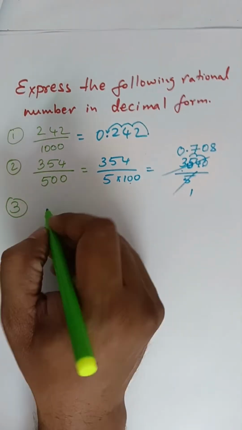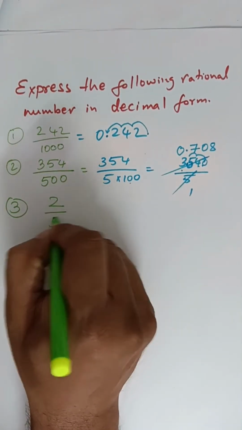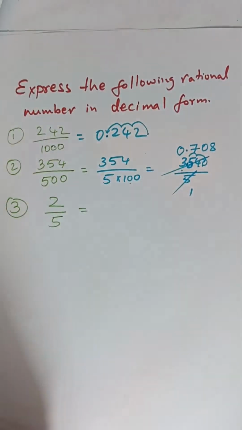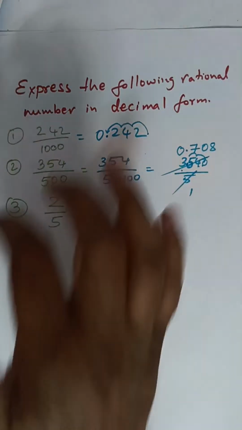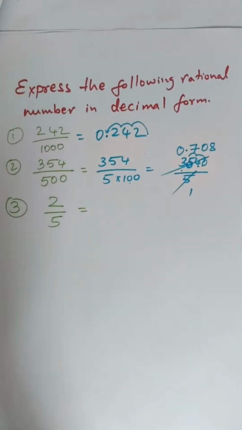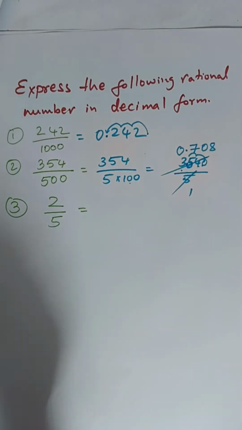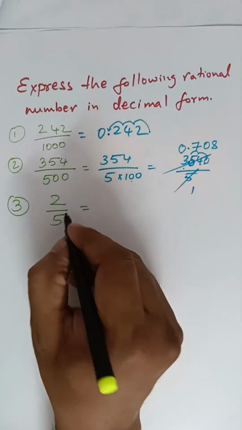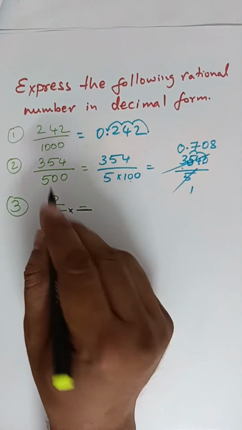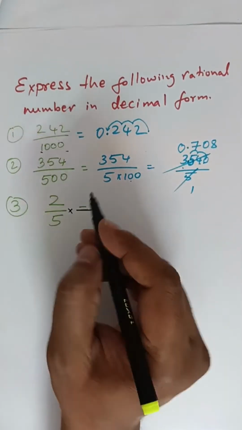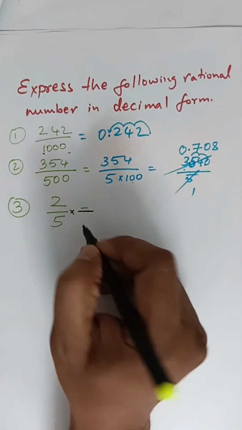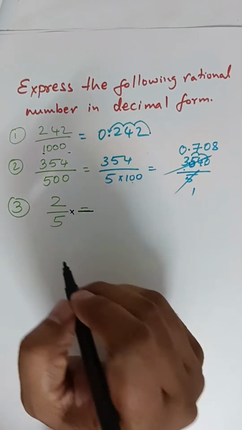Next question. 2 by 5. In this way, you can do question 2 and question 3 also. Whenever the denominator is not 1 with some zeros, you can make it so. I have 5.